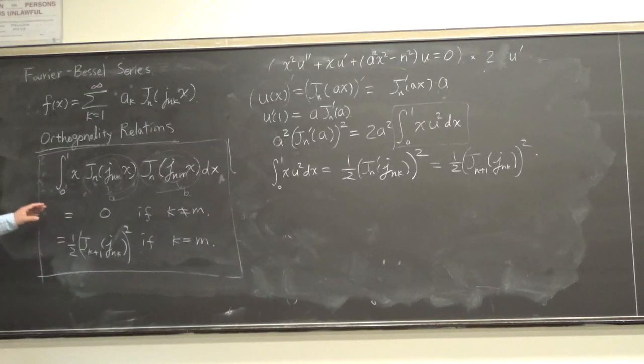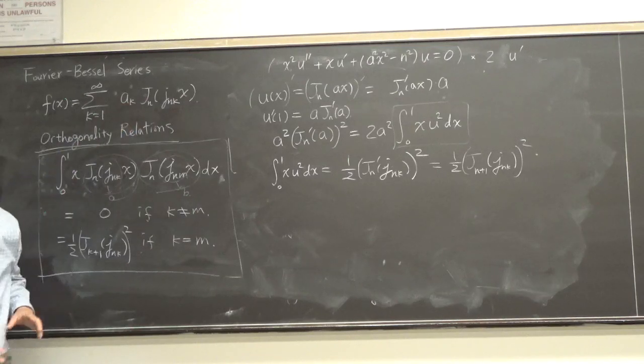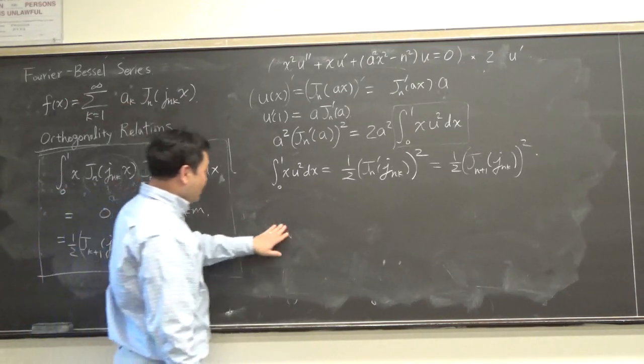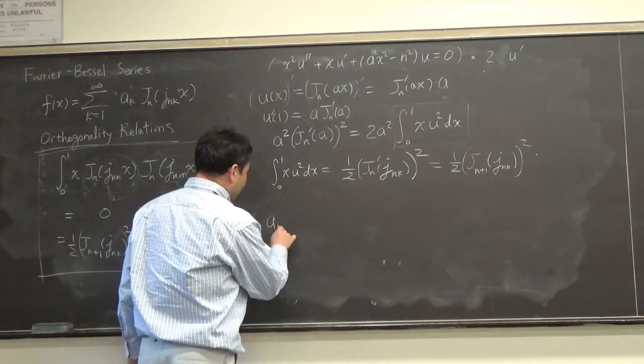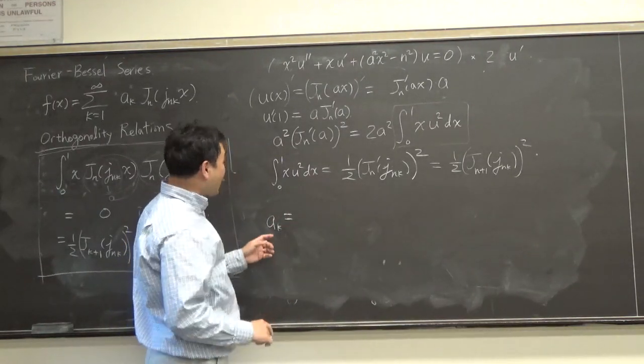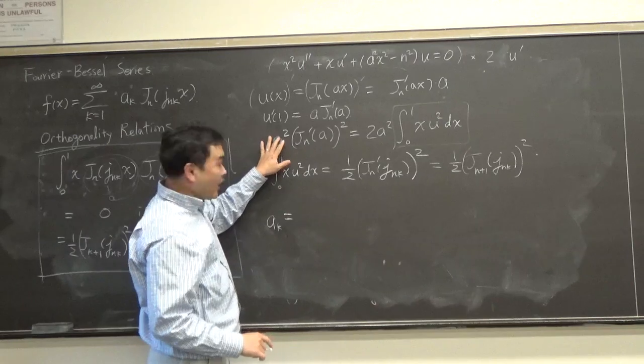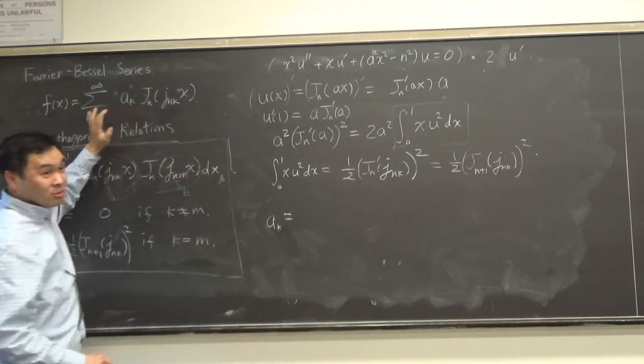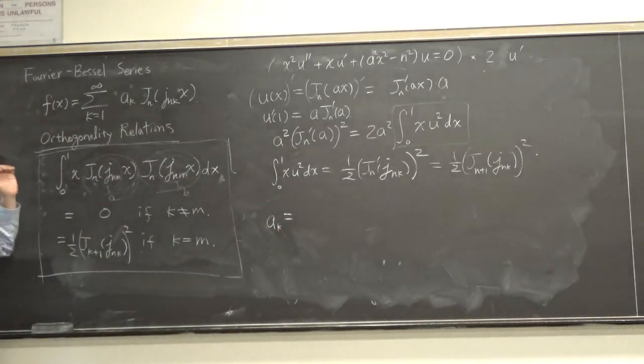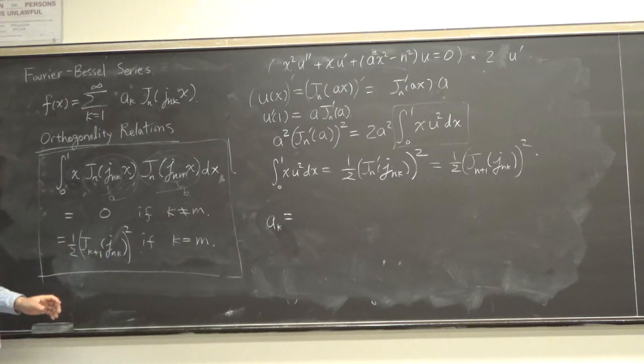But we're still not done yet because now we have to come up with the formula for ak, right? So now let's try to find the formula for ak. Now this ak has nothing to do with this a. Ak is the coefficients of the Fourier Bessel series, right? So how do you get ak? Well, think about this.